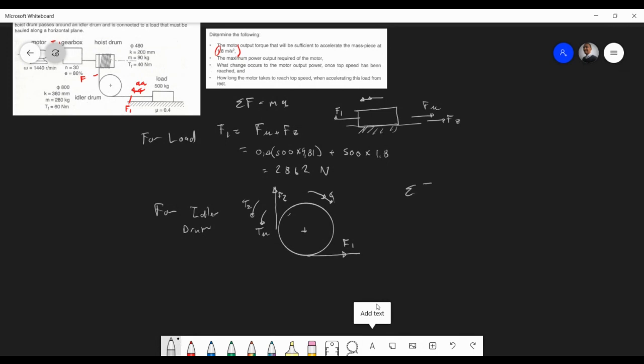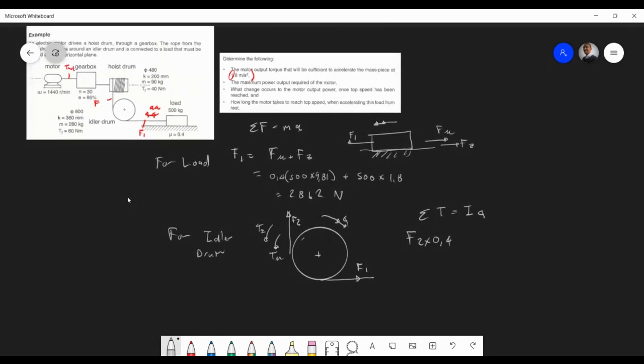So we can apply now torque equals I times alpha. So the way I do this, F2 is going clockwise, so that's positive. So that's going to be F2 times the dimension of the drum, which is 0.8. No, that's the diameter. The radius is 0.4.